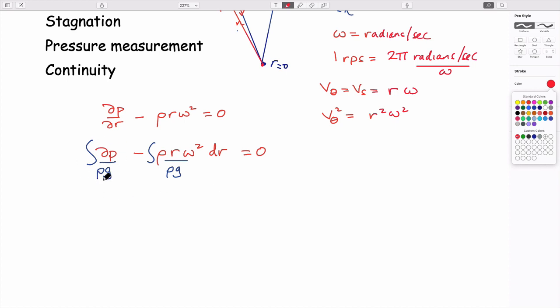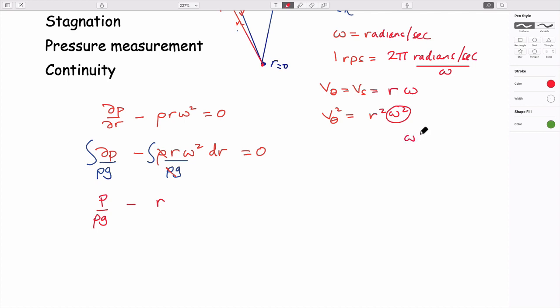And so the integral of this is just p over rho g minus, I guess we get some terms out of here, right? This r, we could substitute this for omega squared, which is here.